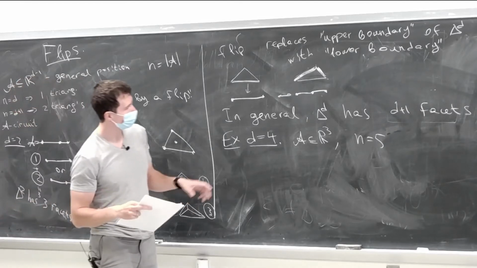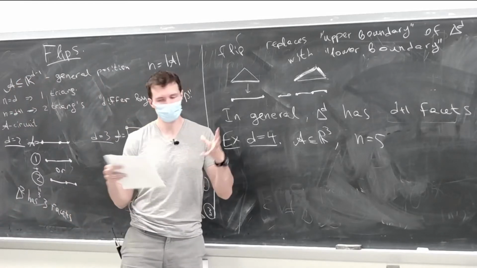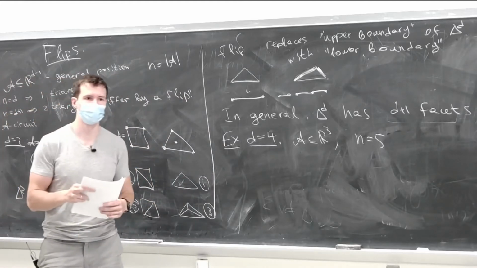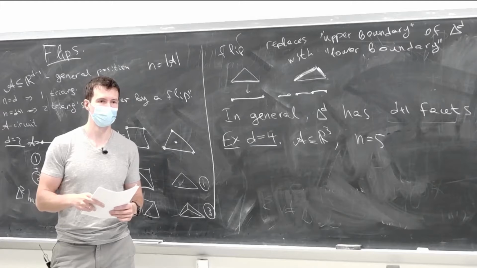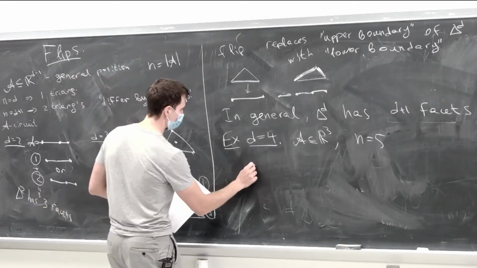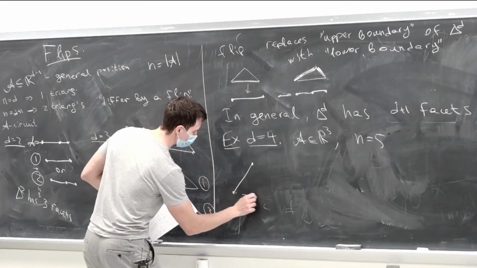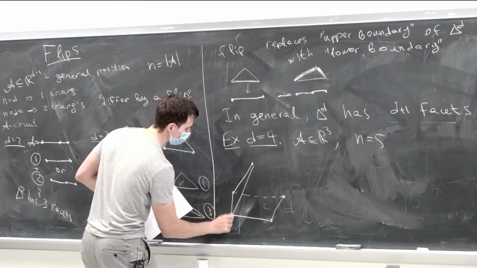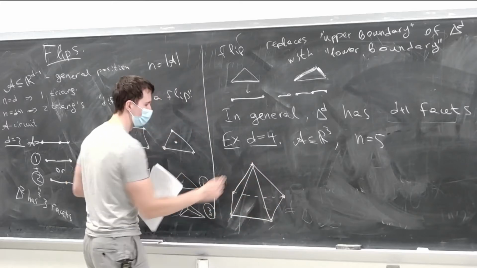Nice. They can be in convex position, so they form vertices of a polytope. So how many polytopes with 5 vertices can you name? Square pyramid. Interesting. Any other?